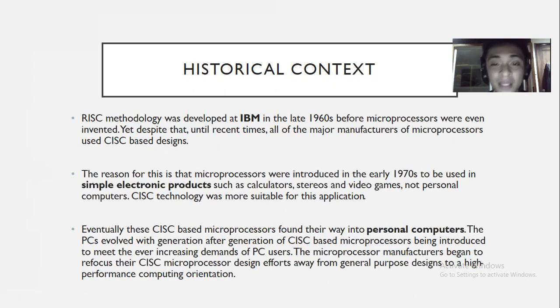Why? Because microprocessors introduced in the early 70s were mostly simple electronic products such as calculators, stereos, and video games. They were not personal computers. In these situations, CISC technology was more suitable. Take a simple calculator: it can only add, multiply, divide, maybe clear all, but those were very simple electronic products.